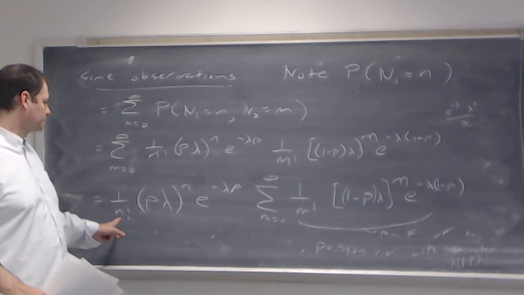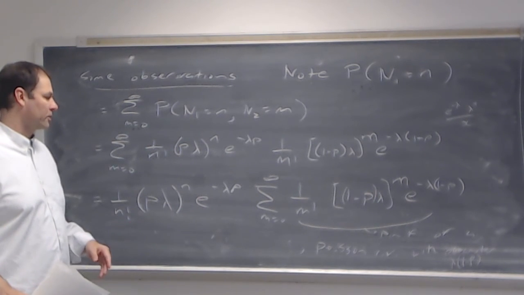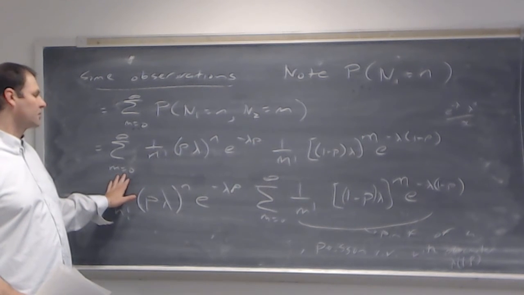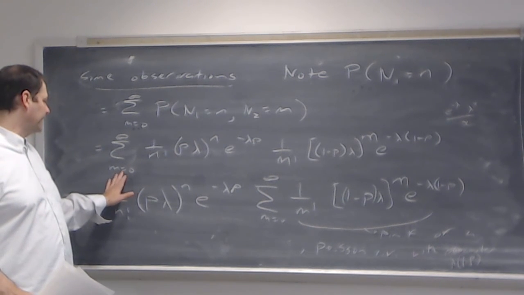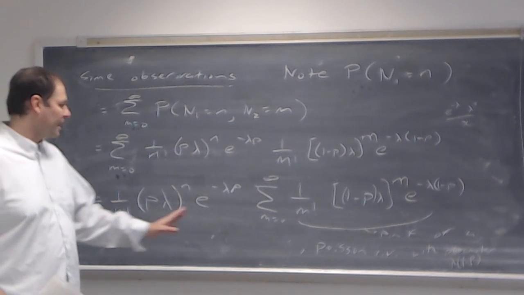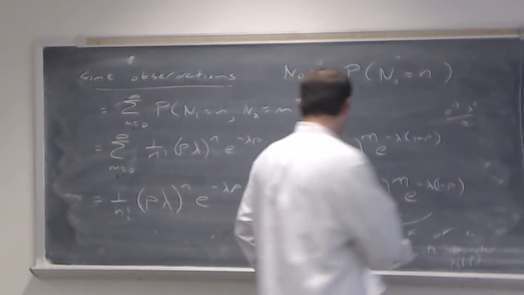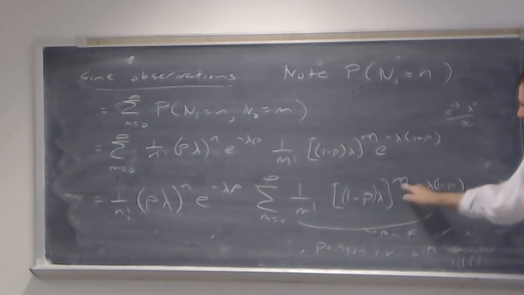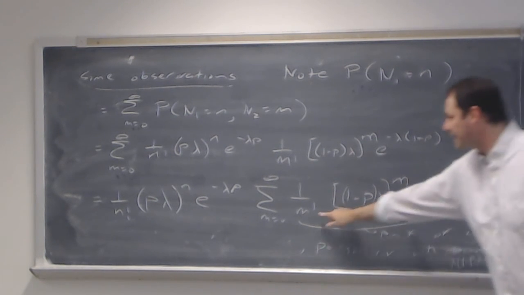Then I could pull out certain parts outside the sum, because they did not depend on the index variable. And when I looked right here, I said, this part reminds us of the PMF of a Poisson random variable with parameter lambda times 1 minus p: e to the something raised to the index over the index factorial.